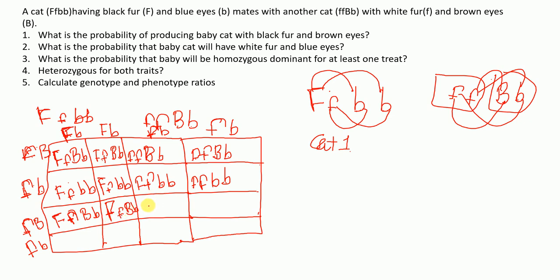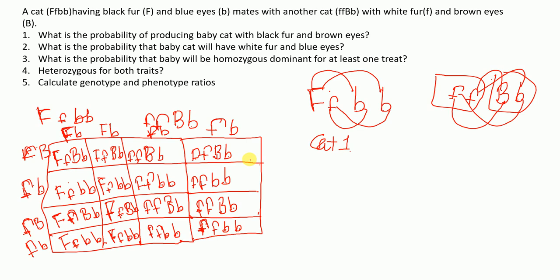Okay, here will be small f, capital B, and small b, and here it will be small f, and capital B and small b, and here capital F, small f, small b and small b, and here it will be capital F, small b, and here it will be small f, small b, and finally here it will be small f, and small b.